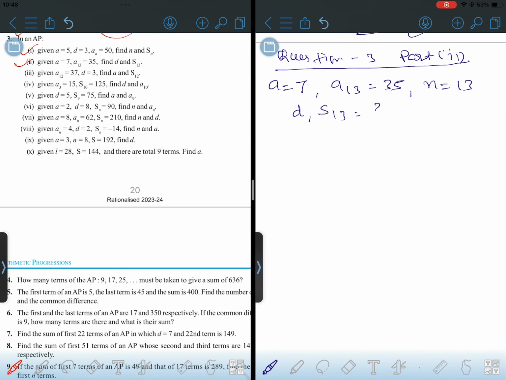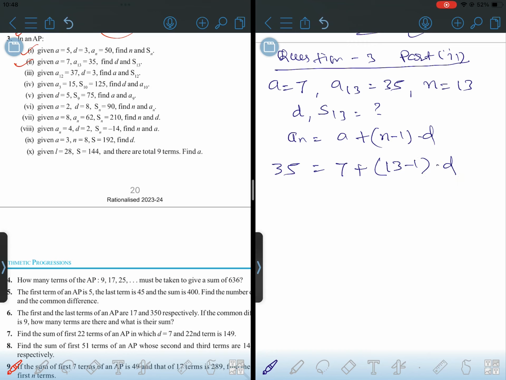So first, what do we need? We need the common difference, so we have to use the formula of the nth term, that is an is equal to a plus n minus 1 into d. The value of a13 is 35, the value of a is 7, the value of n is 13, minus 1 into d.